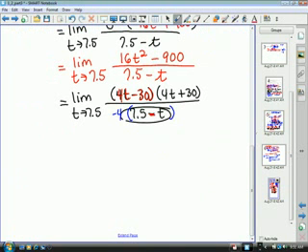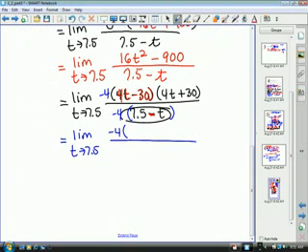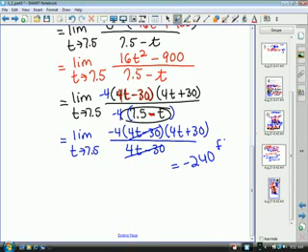Well, you can't just do that. But if you multiply the bottom by that, you've got to multiply the top by that. This is actually the easiest way to do it. So I've got -4, I have this, I have this. -4 times -t is 4t. -4 times 7.5 is -30, and then they'll just cancel like right there. That's actually the easiest way to do it. And you still get -240 feet per second.